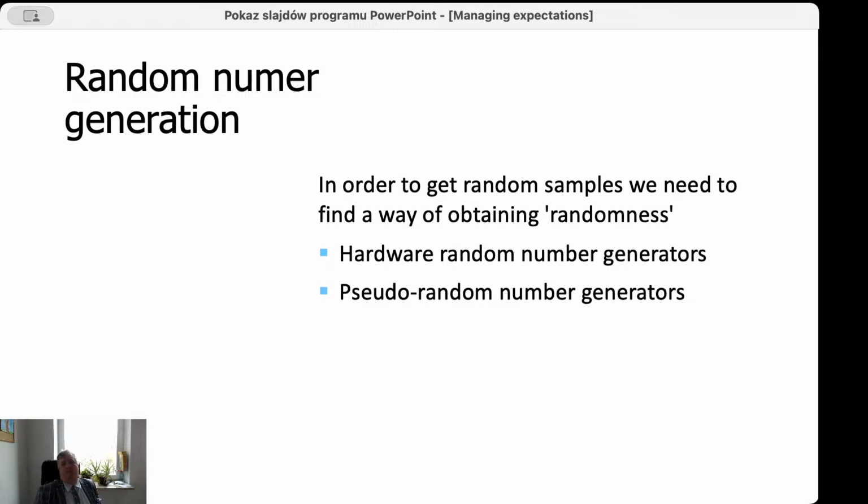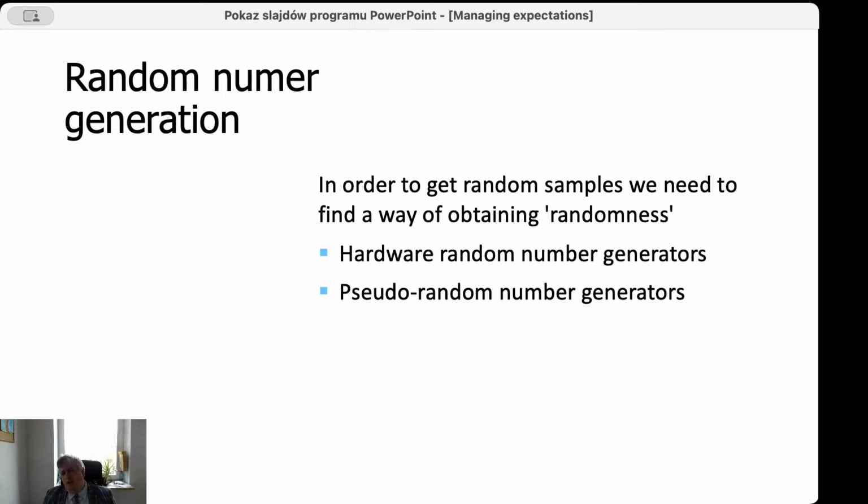Generally, hardware random number generators work like this. You take an electron lamp, like in those audio amplifiers, and you use that electron lamp, which generates naturally a lot of noise. You measure that noise, you provide some kind of band limitation usually, and you use that to represent the random values coming from the universe.